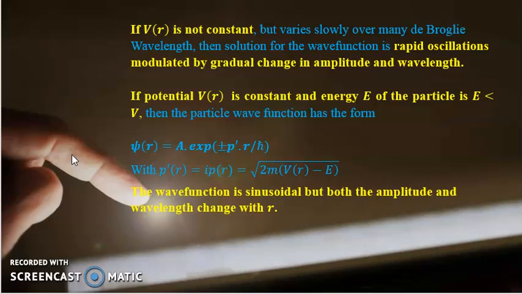Now when V(r) is not constant but varies slowly over a certain de Broglie wavelength, then the solution for the wave function, as we have seen before, consists of rapid oscillations modulated by a gradual change in the amplitude and wavelength.